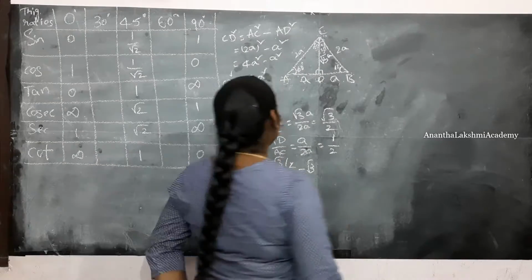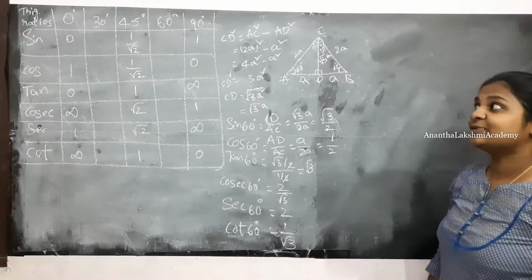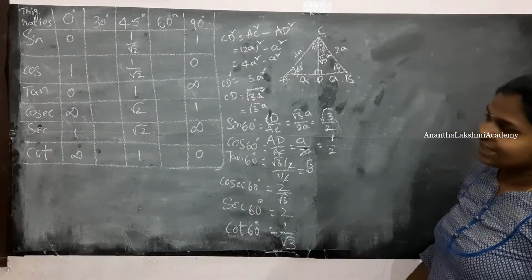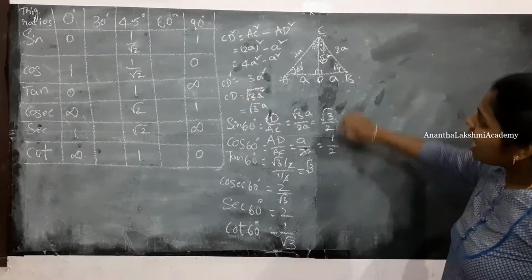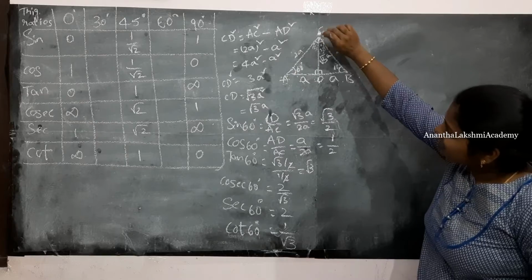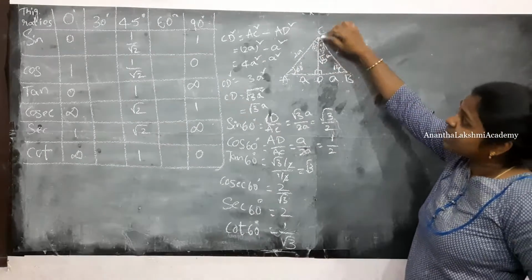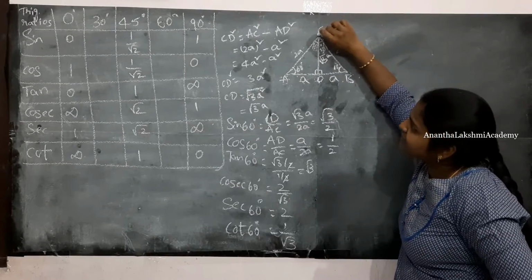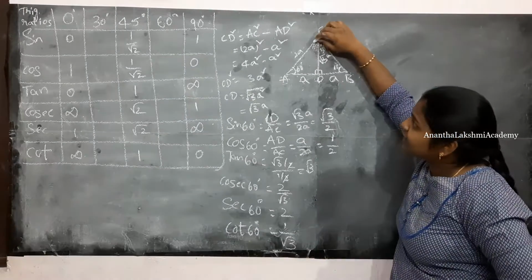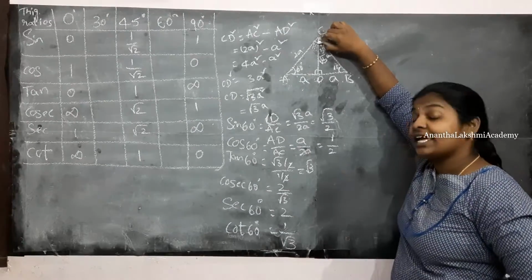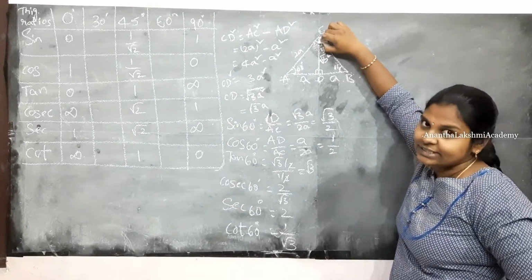Now, I told you, if we are trying to figure out 60 degrees, we can also figure out 30 degrees. Let's see how. I told you that this perpendicular has split the angle C into two equal halves, which is 30 degrees. Suppose I am to look from C, assuming this as theta, can I get sine 30 degrees? Yes.